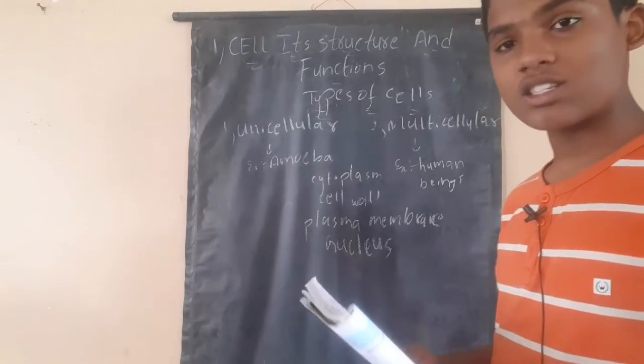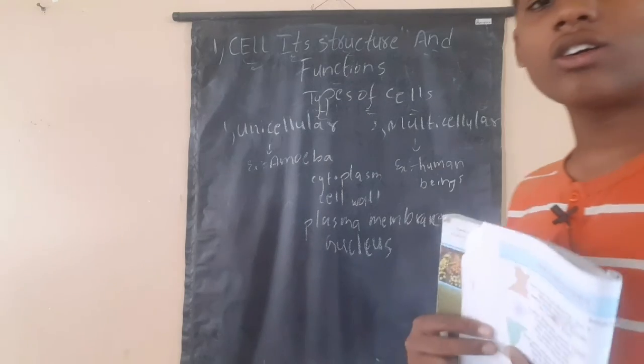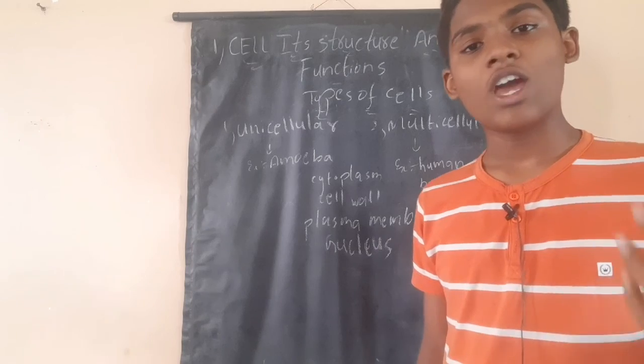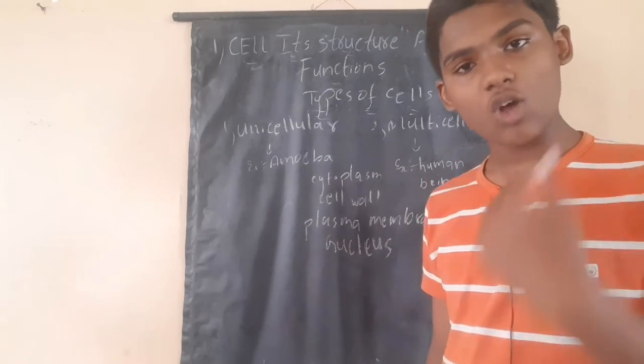Now we will discuss typical cells. Are all the organelles the same in plant cells and animal cells, or different? Humans and animals have cells, and plants also have cells.